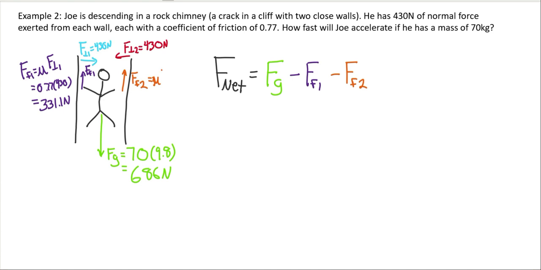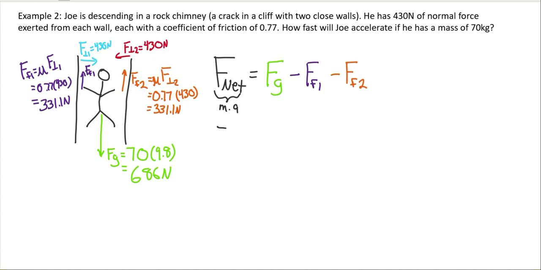times normal force 2. And the second wall has the exact same coefficient in this scenario, as well as having the same normal force. This means you punch in the same numbers into your calculator, you're going to get the same result. Well, that's going to make our lives a whole lot easier, because we know net force can be written as mass times acceleration.